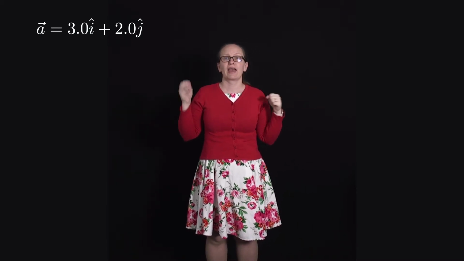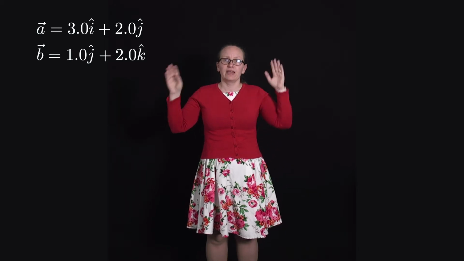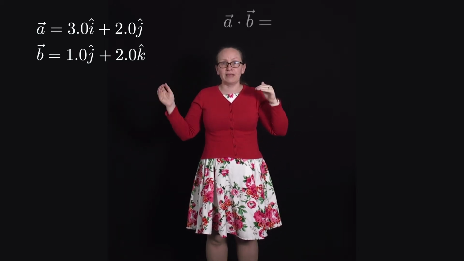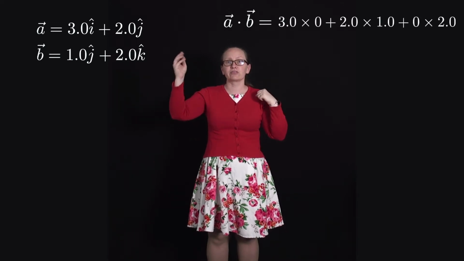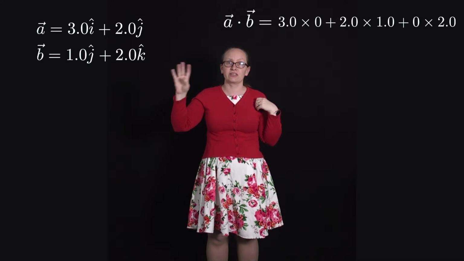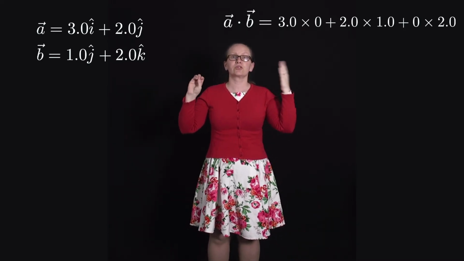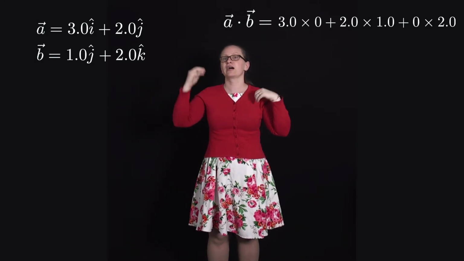Another example, say our vectors are given by A is equal to 3i plus 2j and B is equal to 1j plus 2k. If we want to find A dot B, then we have 3 times 0, the 0 in this case because in the i direction B has no component, so the component is 0, plus 2 times 1 plus 0 times 2.